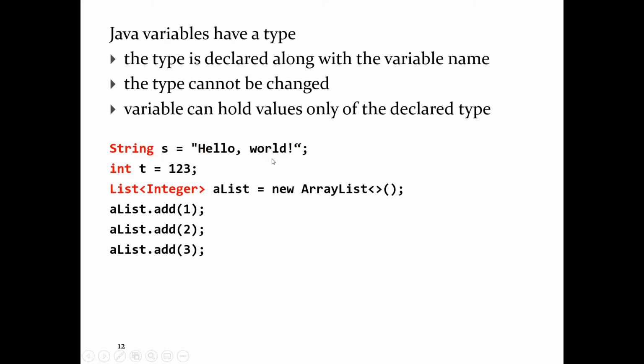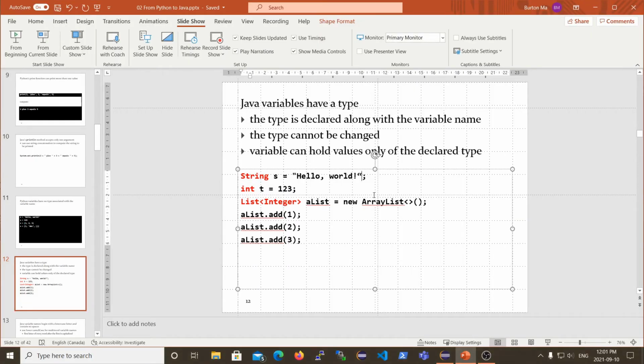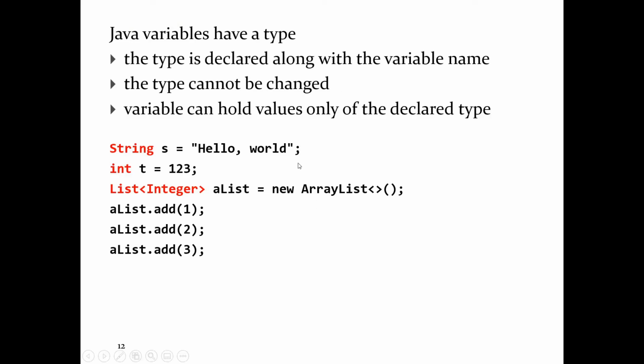PowerPoint is automatically converting certain characters on me. So once again, I have a variable s. Its type is declared to be String, and so that means I'm allowed to store a string value in s.